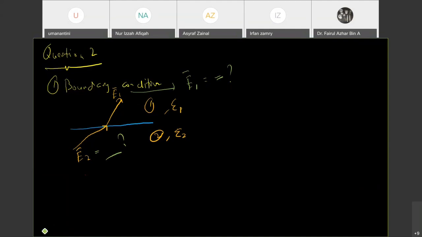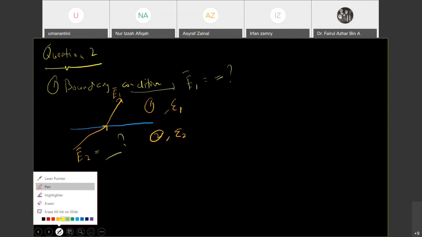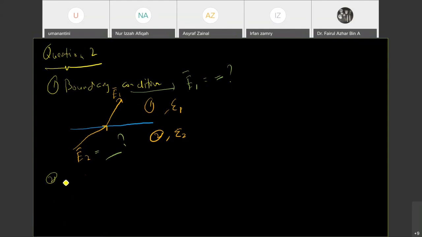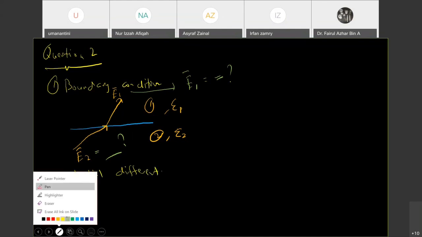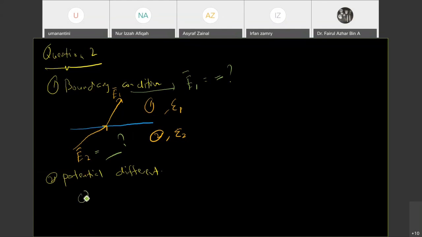The second thing that will be tested is in terms of potential difference. Let's say you will be given one charge, a negative charge here, minus Q, at a certain position X, Y and Z, and you need to find the potential difference at a certain point.